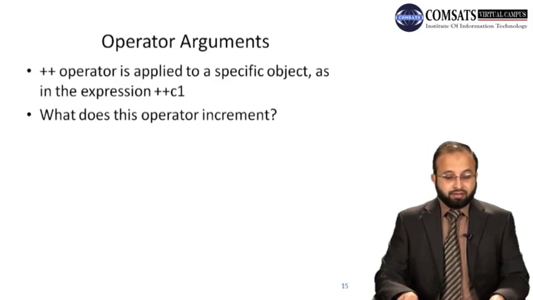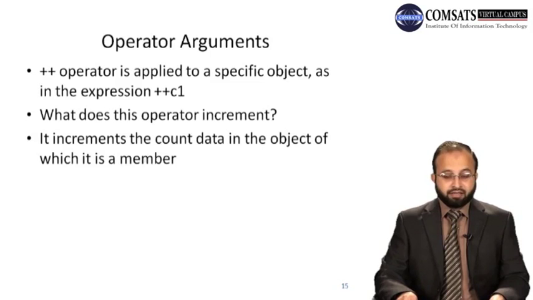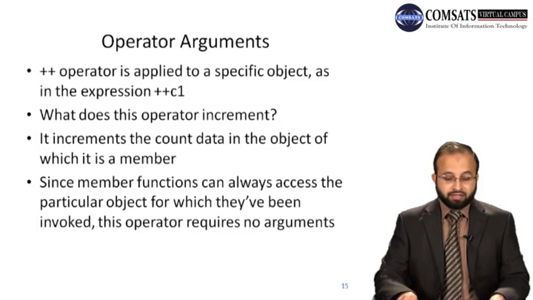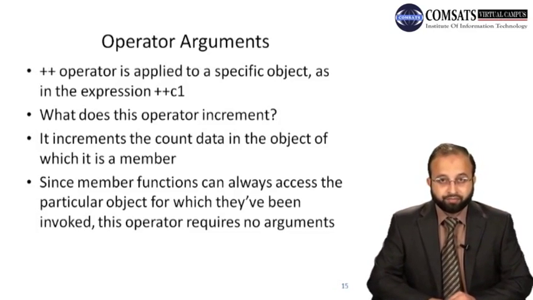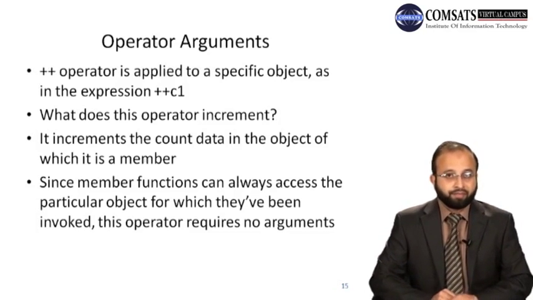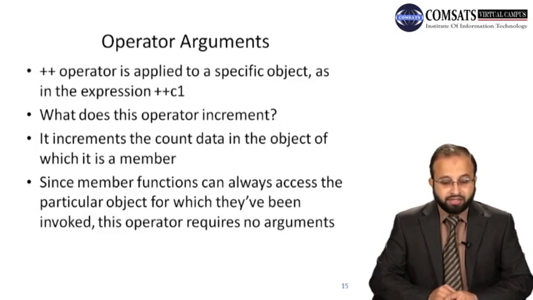Basically it increments the count data in the object of which it is a member. Since the member function can always access the particular object for which they have been invoked, this operator requires no argument.